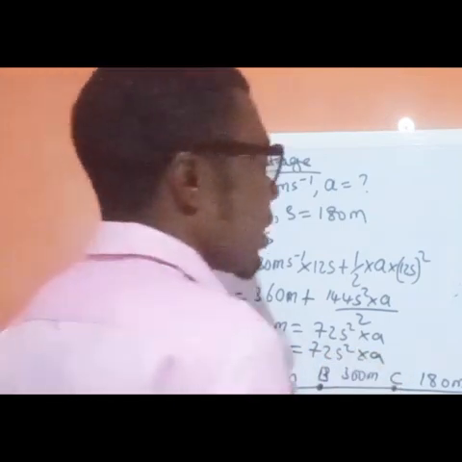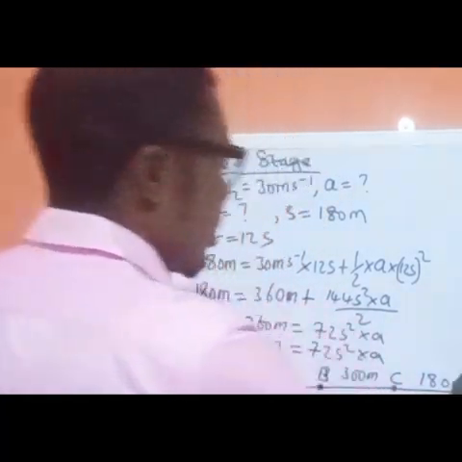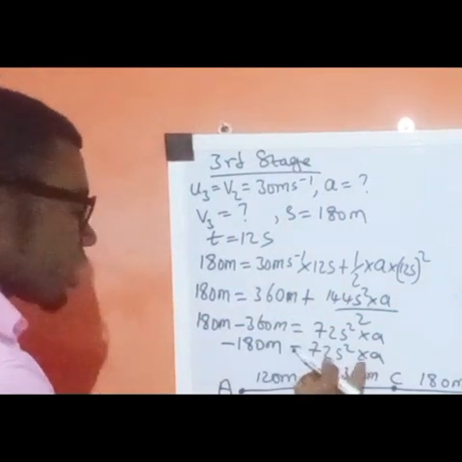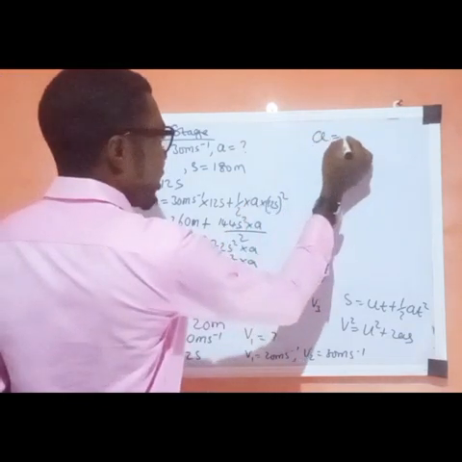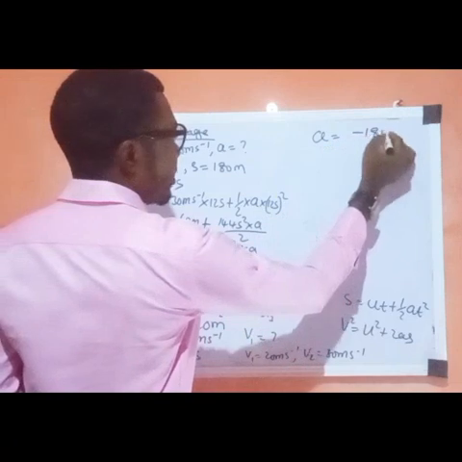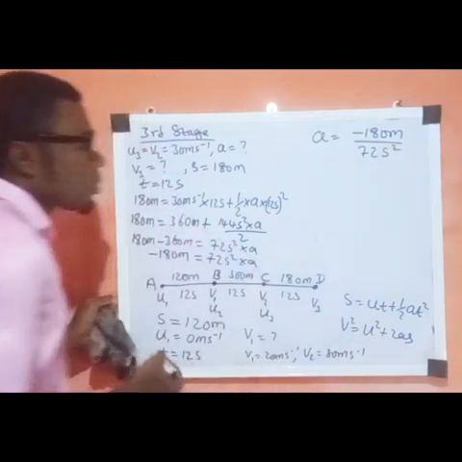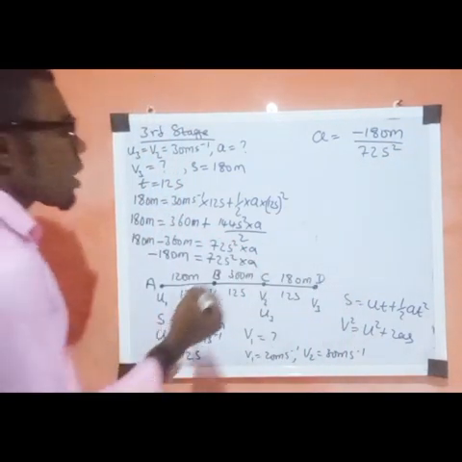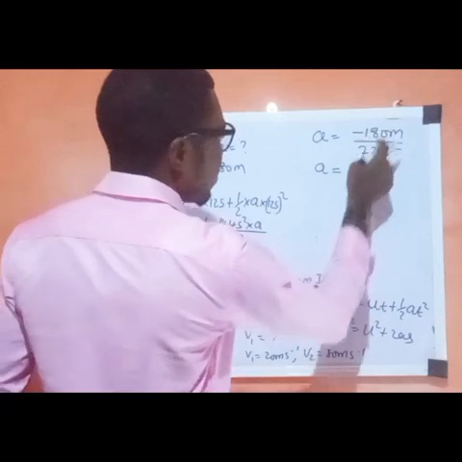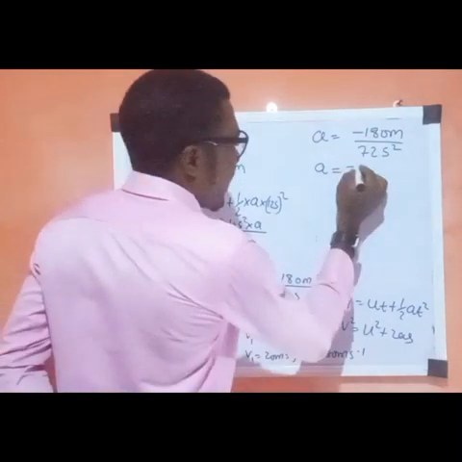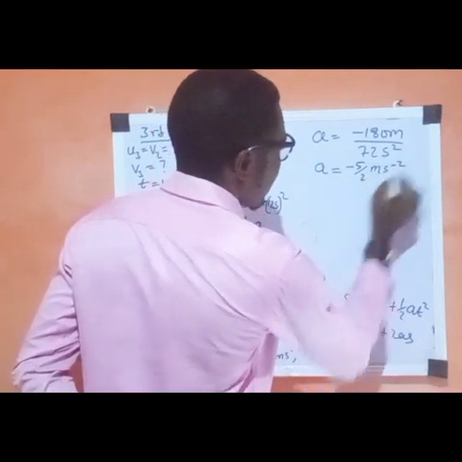We want to make a the subject of the formula because that is the unknown in the equation. So we divide both sides by 72 seconds squared, so that a equals minus 180 meters all over 72 seconds squared. So our acceleration is going to be minus 5 over 2 meters per second squared.